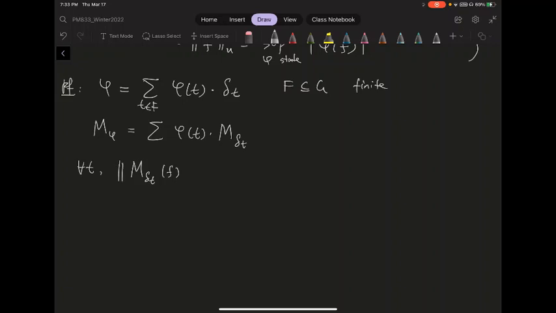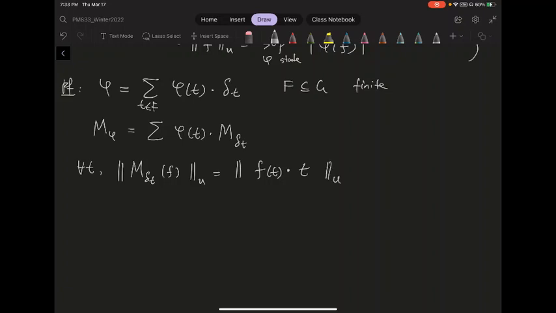So if I consider its uniform norm, m of delta t only multiplies by a 1 at the coordinate t. If you treat f as a function evaluated at t, that one gets picked out, so you end up with the uniform norm of this entry.